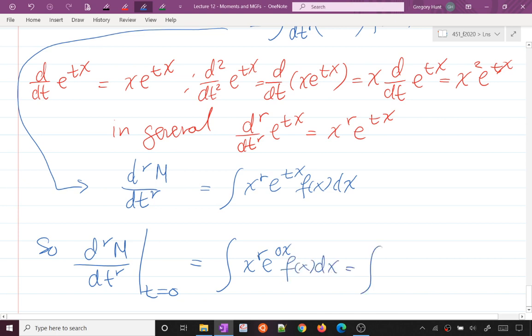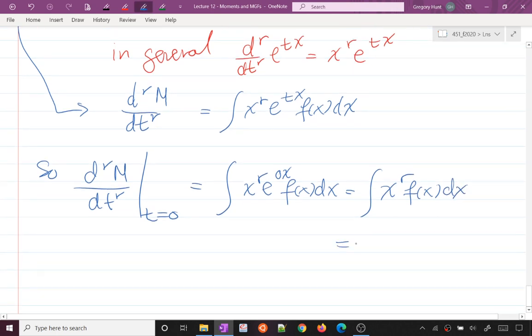Of course, e to the 0 is 1, so I can remove that. That leaves me with the integral of x to the r f(x) dx, and you look at that. It's the expected value of x to the r, which is what we call the rth moment. So that's a real cute little proof of what's going on.